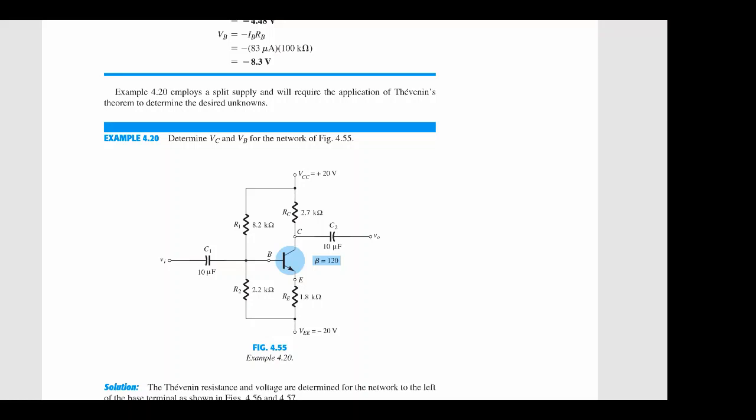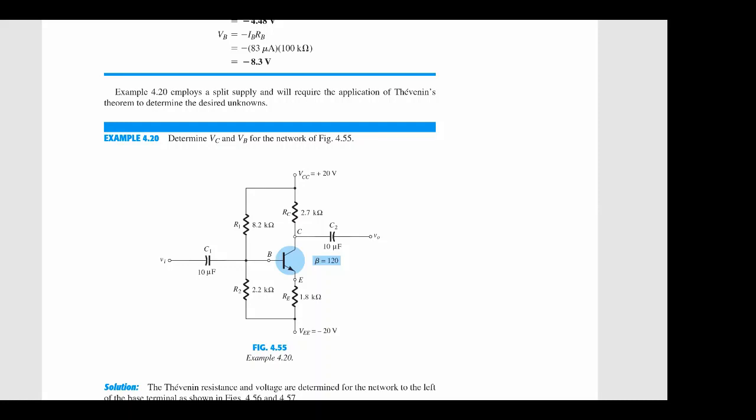So there are two biasing sources installed in the circuit, and as you know, the voltage divider bias configuration circuit can be solved by two methods. One is the exact method, the other one is the approximate method. So if we are supposed to solve this with the exact method, we need to find the Thevenin equivalent voltage and the Thevenin equivalent resistance for the circuit, right? Do you remember that, which we have done last time?